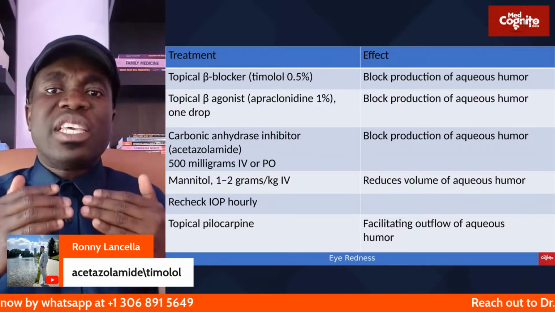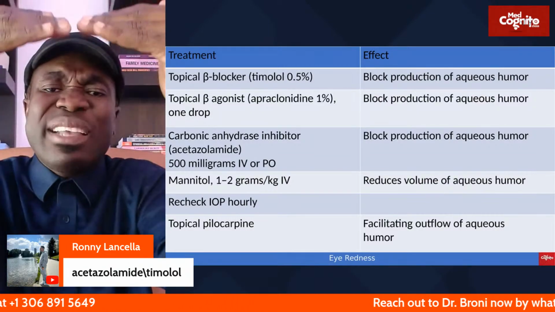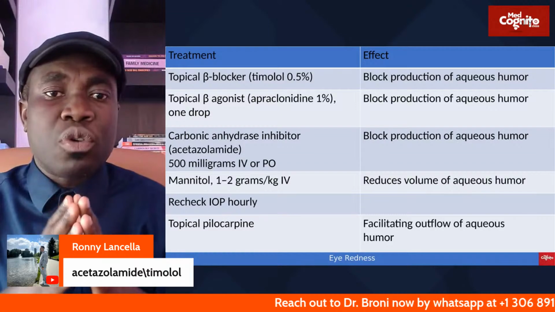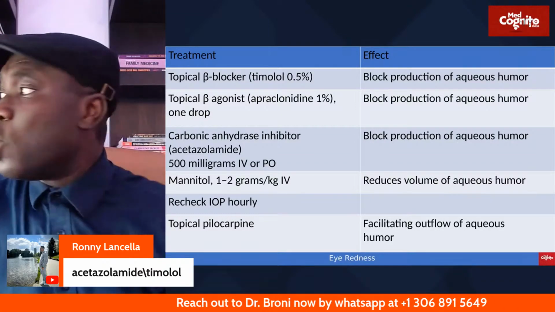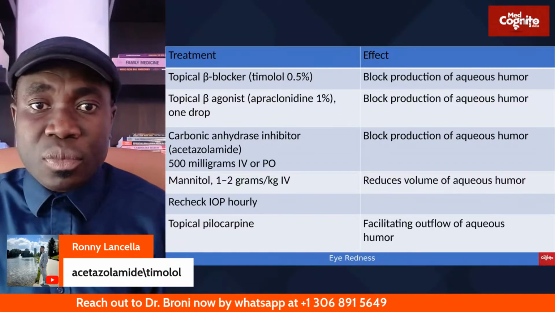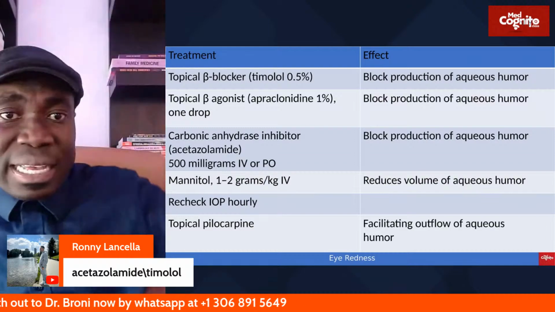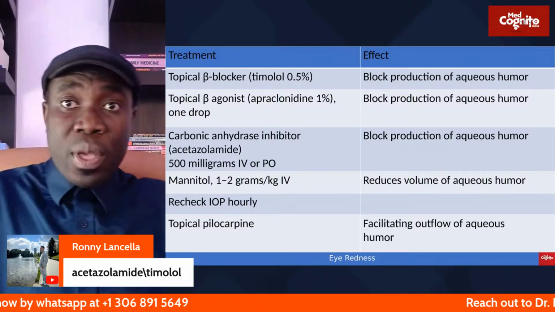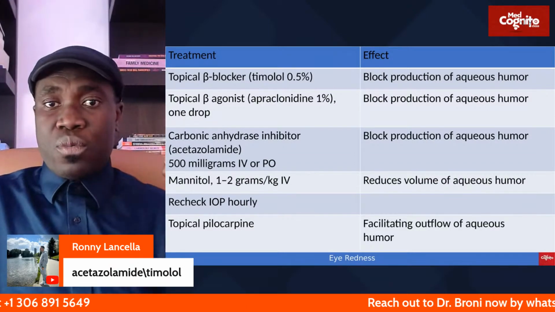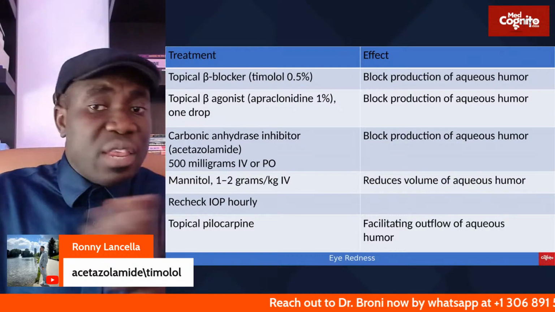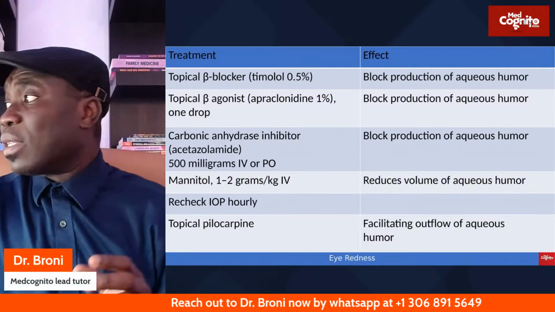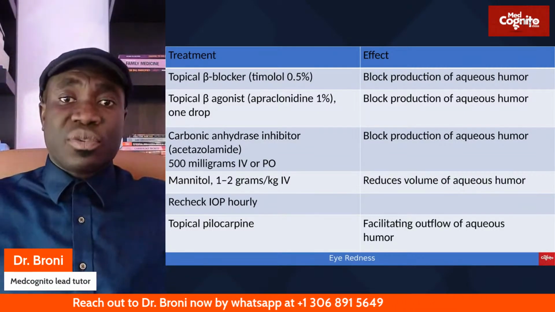Number two, we have to give medications which can reduce the volume of aqueous humor. And number three, we have to give medications which can facilitate the flow. If you get this, you've gotten it right.